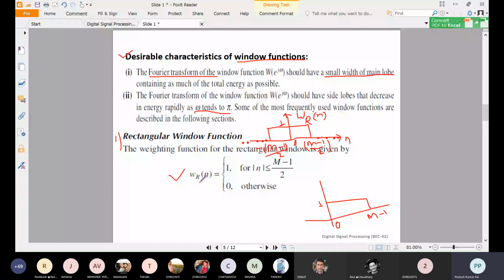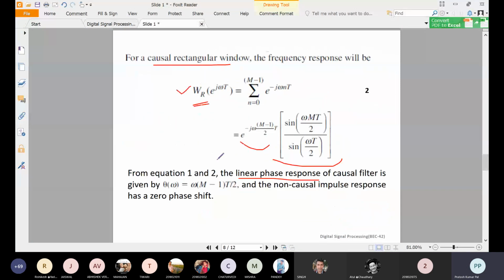Whatever frequency response is given, we will find h_d(n). Once we have found h_d(n), we will multiply it by w_R(n), that is the window function impulse response. After multiplying, whatever function is obtained, we will find its frequency response. So that will be our desired filter. Okay, so we will go for designing.